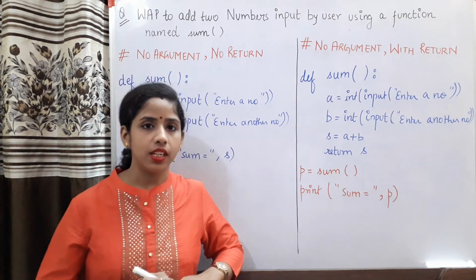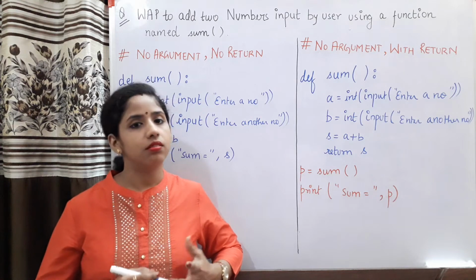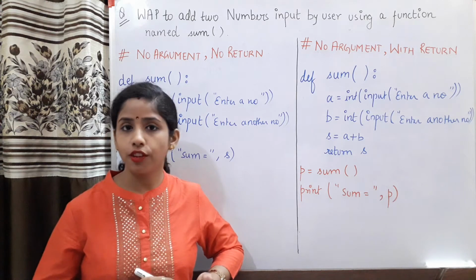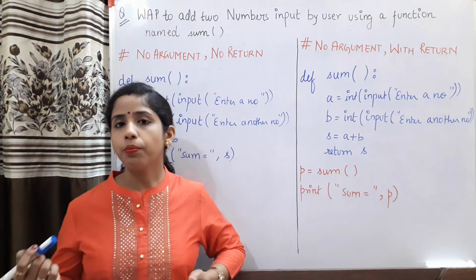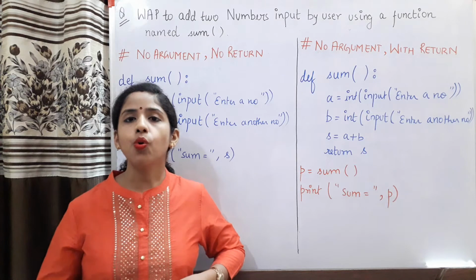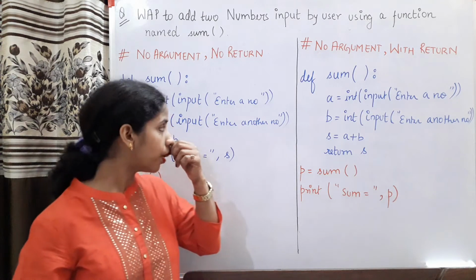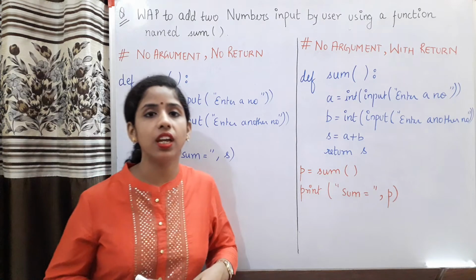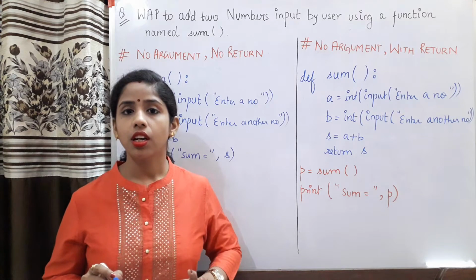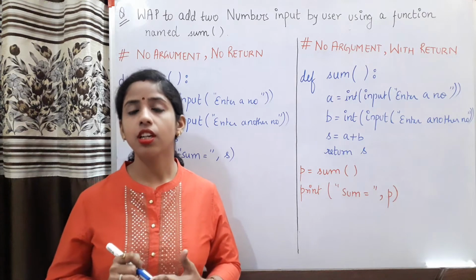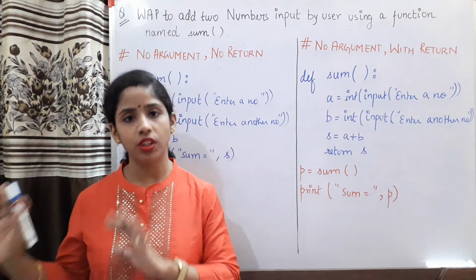Suppose there is a tailor shop, and there is a person who is the owner of the shop, and that person has employed an employee who is expert at stitching shirts. That employee has been kept for stitching the shirts, so the work of stitching the shirt is the sole responsibility of that employee only.